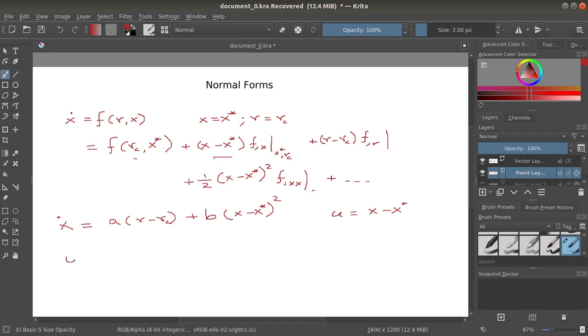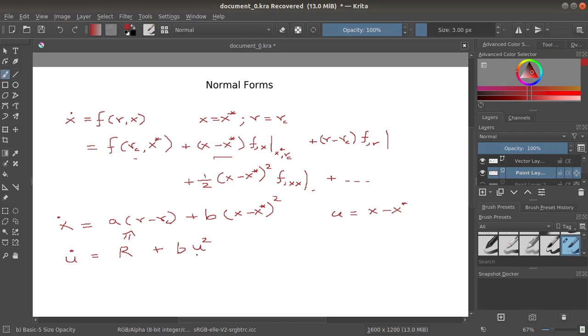I'll get u dot, which is equal to this constant, whatever it could be, let me call that capital R, plus a constant, a scaling factor, u square, right?